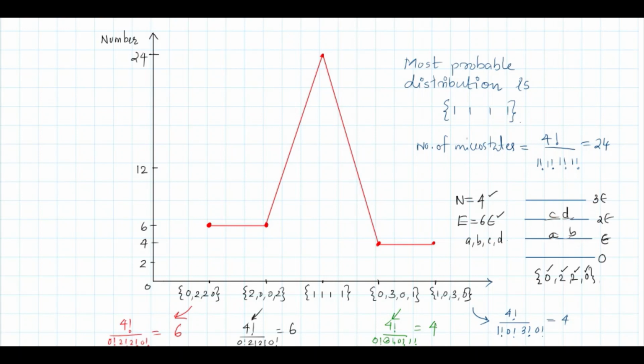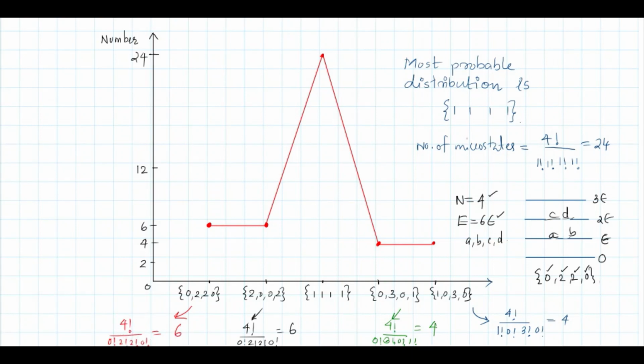In a similar manner, you can think of six possible ways: A, B in the lower level, A, C, A, D, B, C, B, D, C, D. So six possibilities. How can we get that six? By writing this equation: 4 factorial by 0 factorial into 2 factorial into 2 factorial into 0 factorial. This will give you 6.